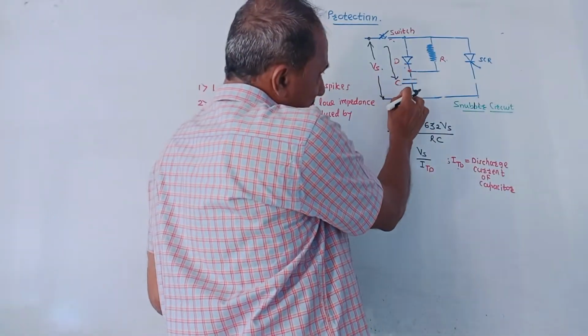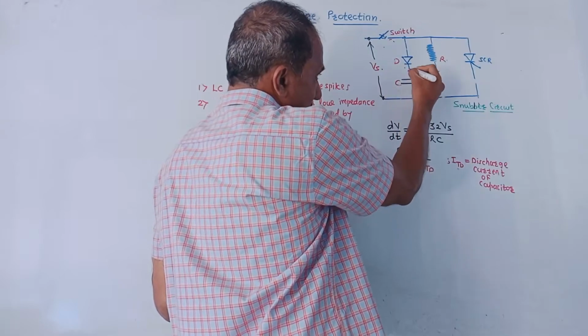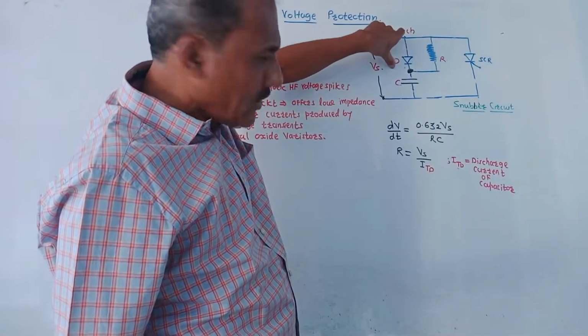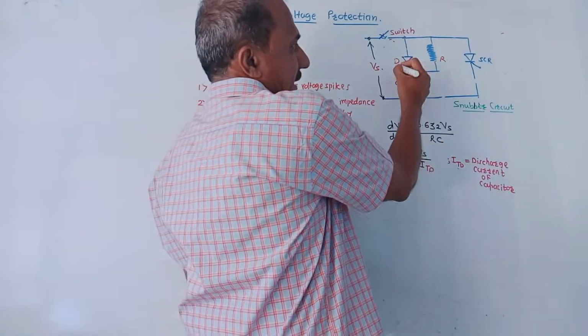Whenever the capacitor gets fully charged, this point's voltage increases, because of which the diode gets reverse biased. That means this path will get open circuited.